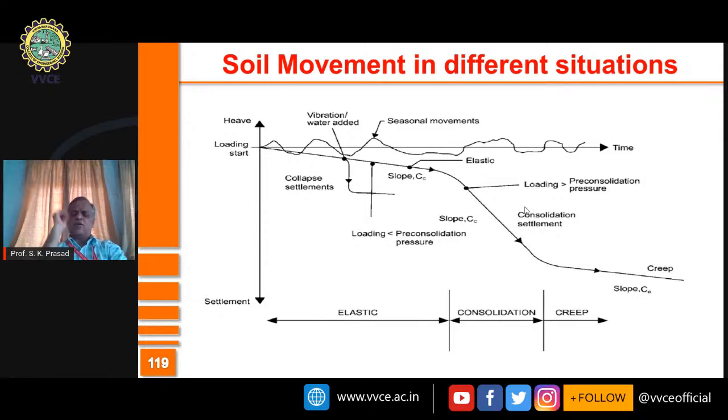One is the elastic component, another is the consolidation component, and the third one is creep. The elastic component is the immediate settlement, which happens in the first couple of hours or first couple of days. It is due to the elastic properties of soil.